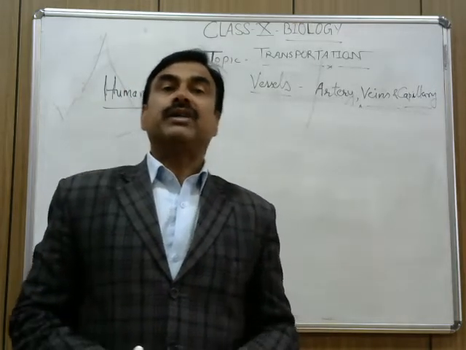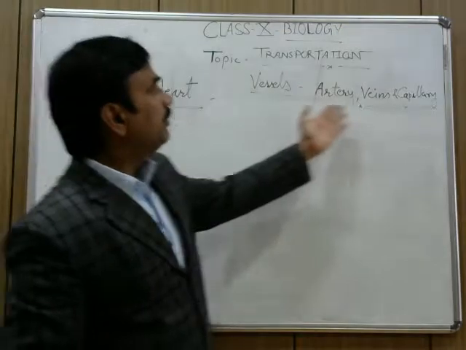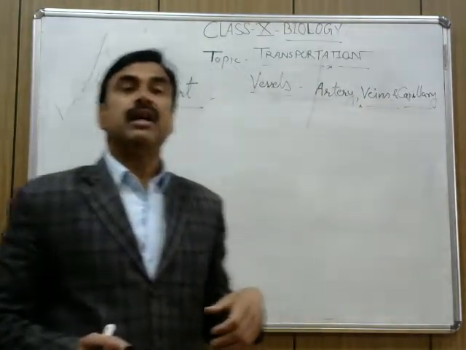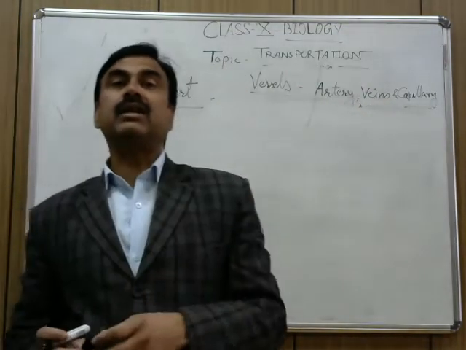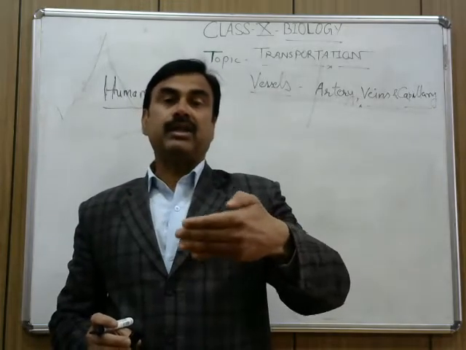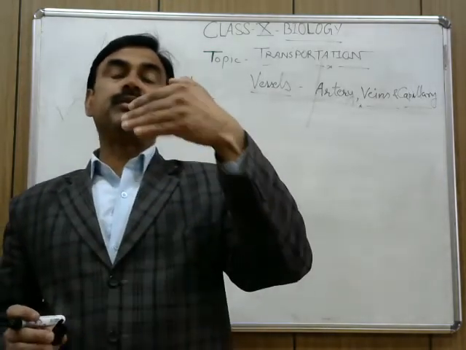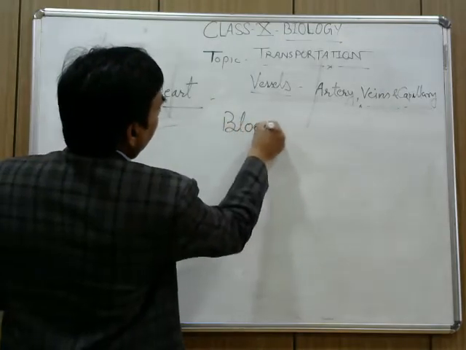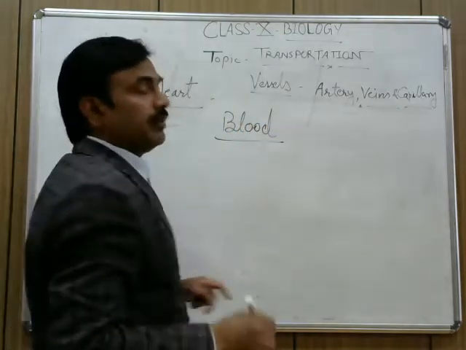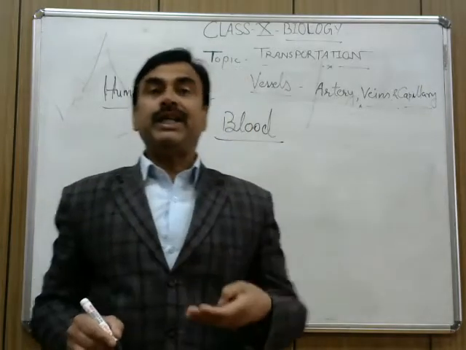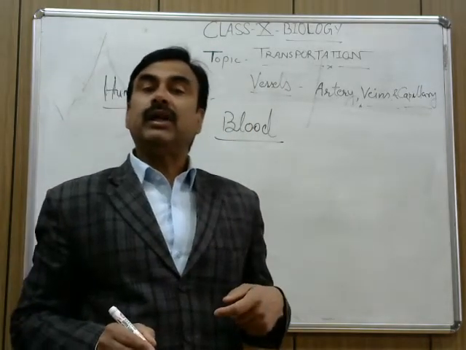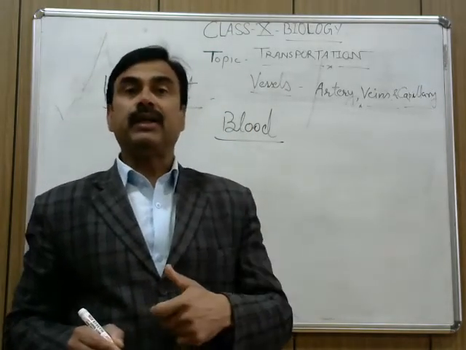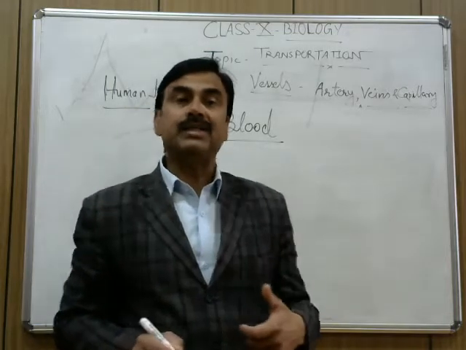So after completing the artery, veins and capillaries, I will start moving a little bit towards the blood, right? Blood is one thirteenth of the total body weight. The percentage of blood is 7%.